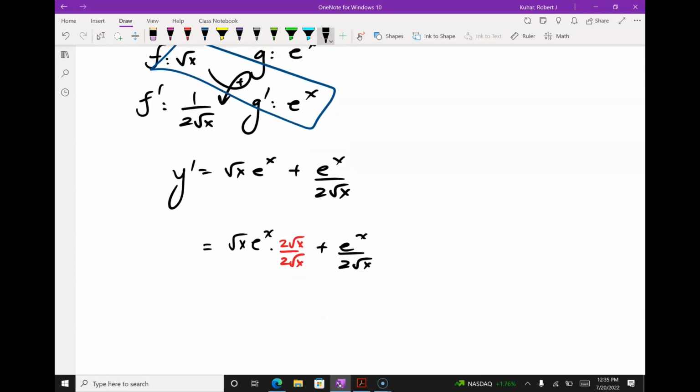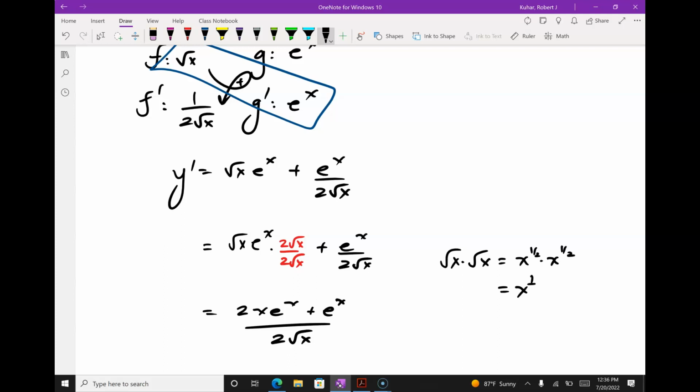So now what do I have? I have 2x e to the x plus e to the x all over 2 square roots of x. Double check me, please. Make sure you agree with me. Yep, square root of x times square root of x, so that's x to the 1/2 times x to the 1/2.